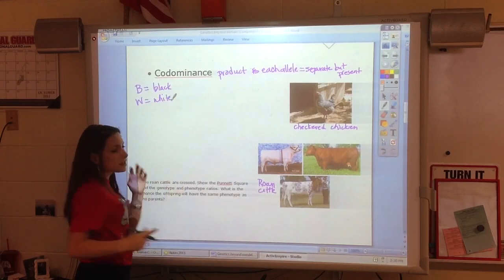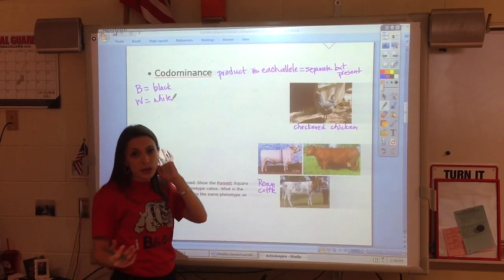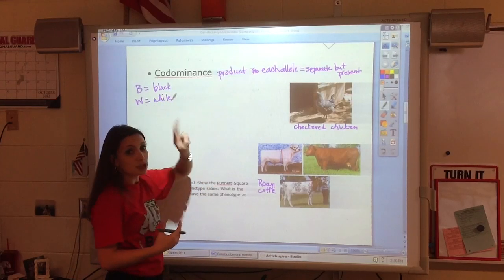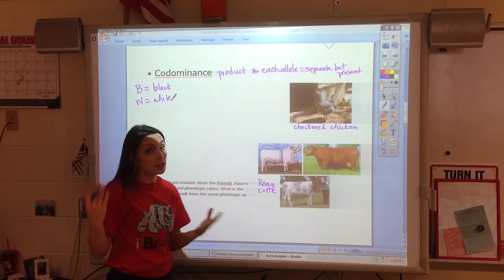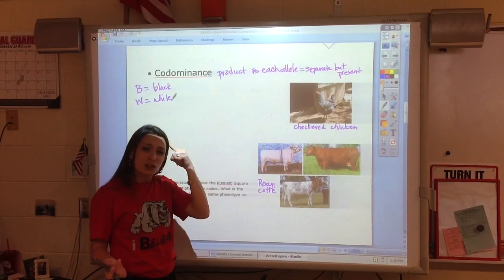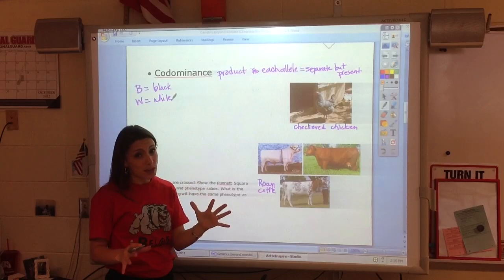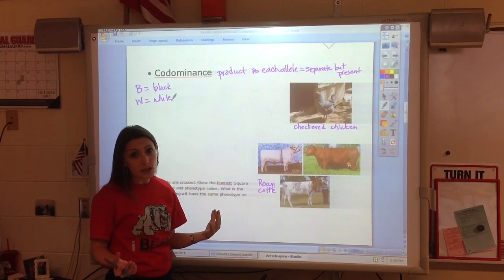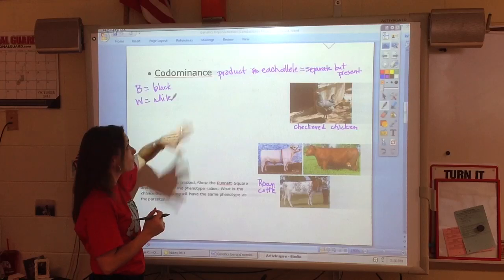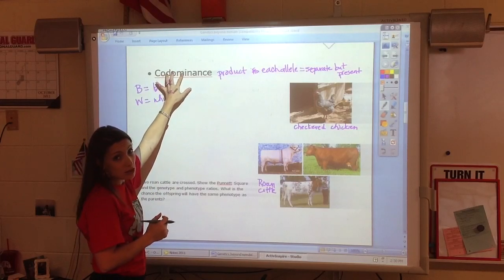Now again, the types of letters you use, that's not going to be a test question. But you do need to know the relationship between the letters according to each pattern. So you can go around using big A and little a for everything, as long as you knew what the letters represented. I think that's confusing. So I like to follow the rules where we use different patterns of letters for different patterns of inheritance.